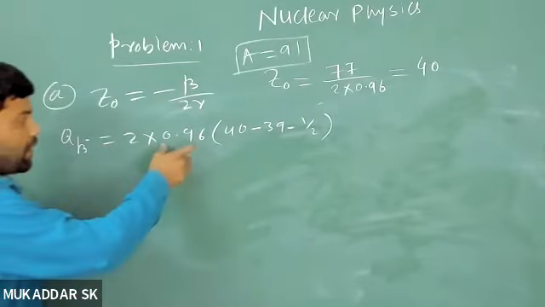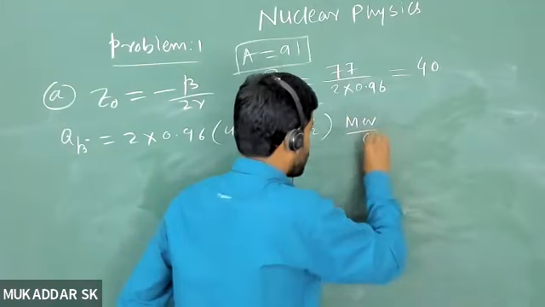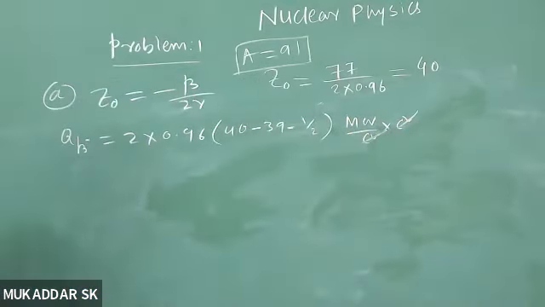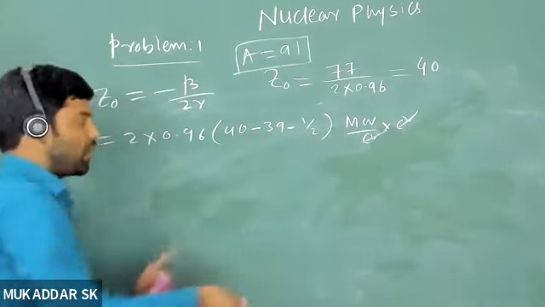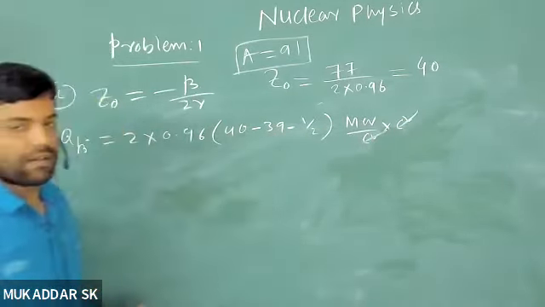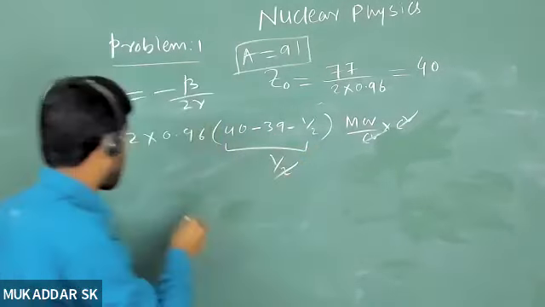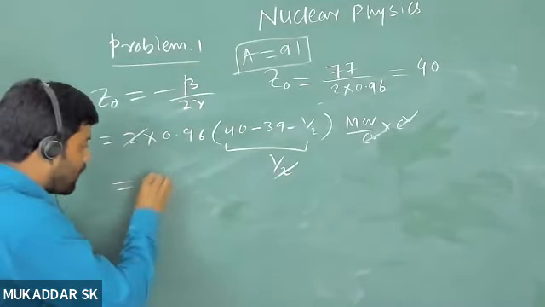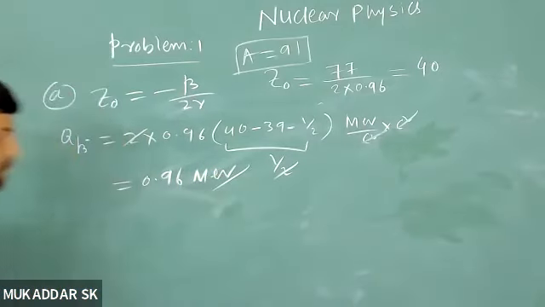And that unit, you have a gamma here, that unit is mega electron volt per c square, and you have another c square was there, that will be cancelled. And from here I can see this value will be actually how much? 40 minus 39, that is 1 minus half, that will be half. So this half will be cancelled with 2. As a result, you will have 0.96 mega electron volt.